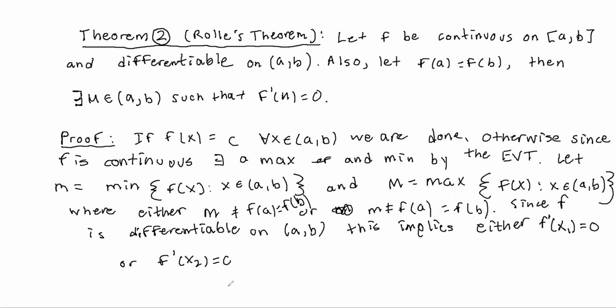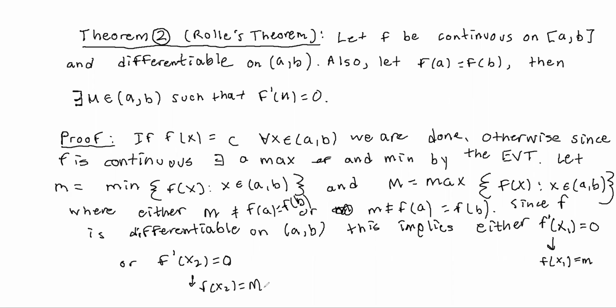And what I mean by x1 and x2, I mean some element x1 that gives you the minimum value and some element x2 which gives you the maximum value. So let me write that f of x1 equals m, f of x2 equals capital M.